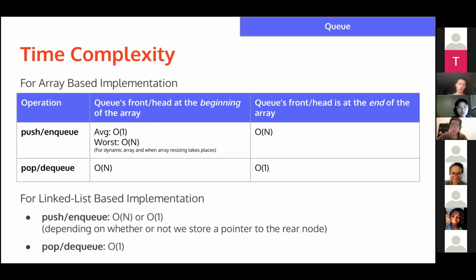But if we want to add a little more space complexity, aka add a pointer to the rear node and just keep track of that as well, it becomes an O of 1 operation, because all we have to do is find the rear node that we have the pointer to, change the next to point to the item that we're adding, and then change the rear pointer to the new final item.